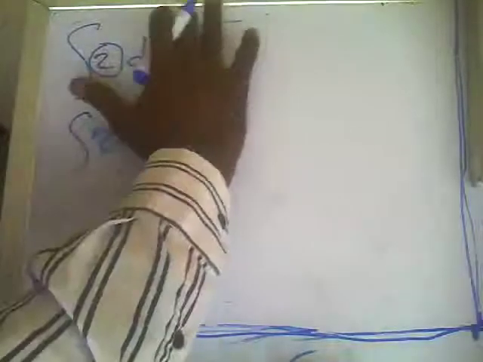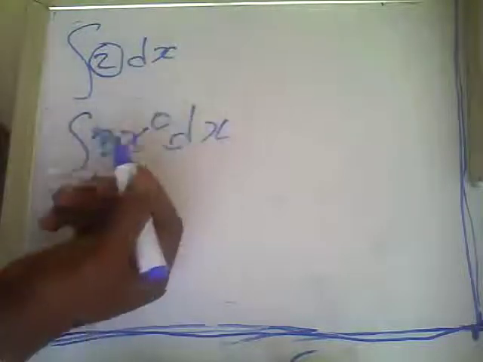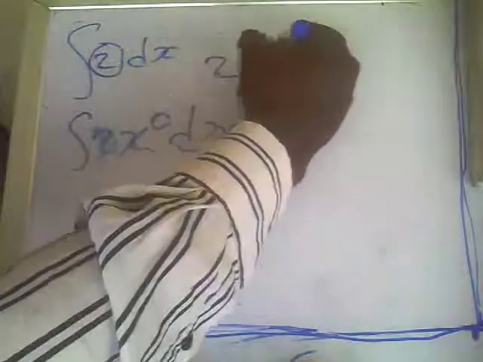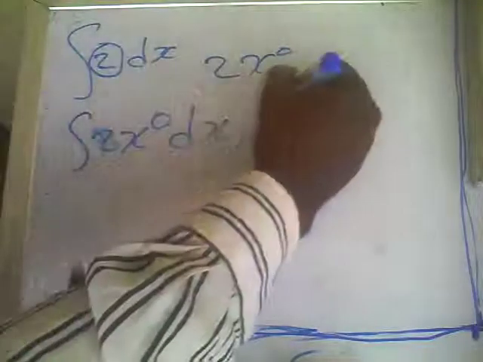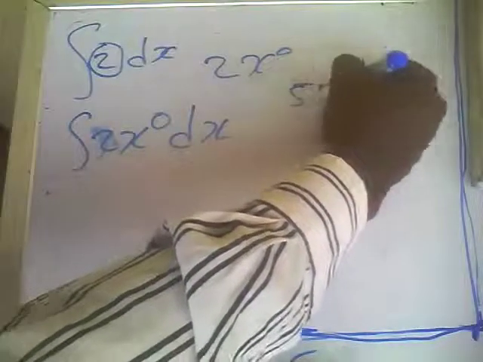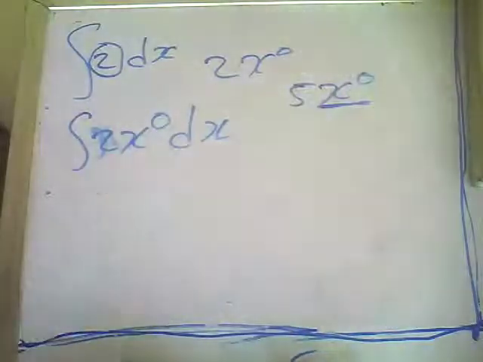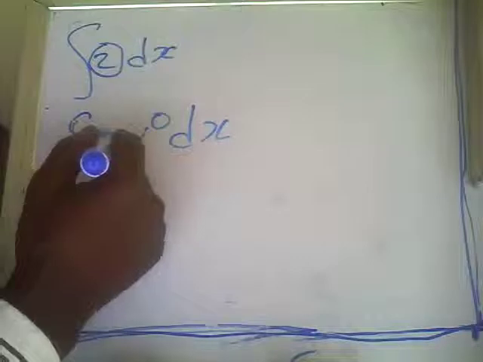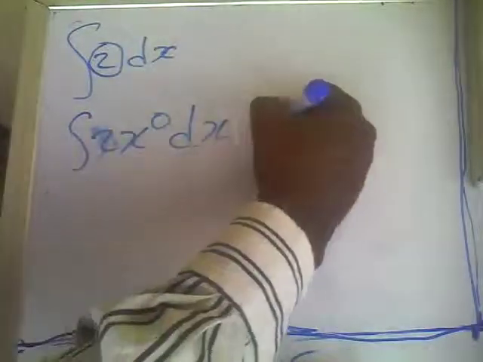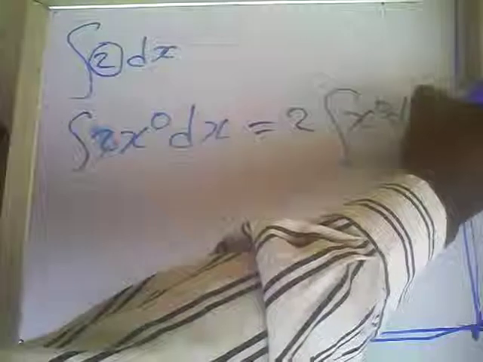But let me explain how that comes about. Since x raised to the power 0 is 1, instead of writing 2, we can say 2x raised to the power 0, because that is still equal to 2 times 1, which is 2. Likewise, I can write 5 as 5x raised to the power 0, because x raised to the power 0 is 1, and 1 changes nothing when it multiplies anything. So this can be written as 2 integral x to the power 0 dx. Do you understand that?